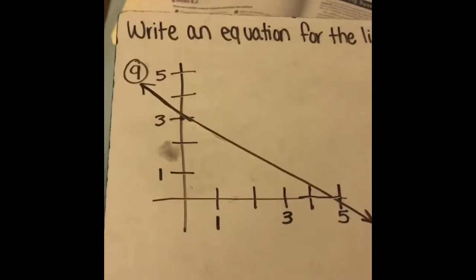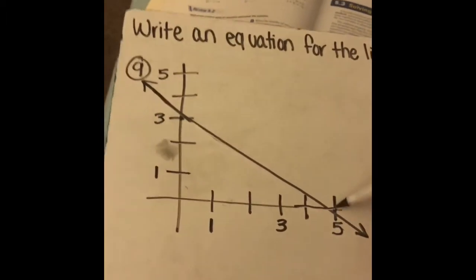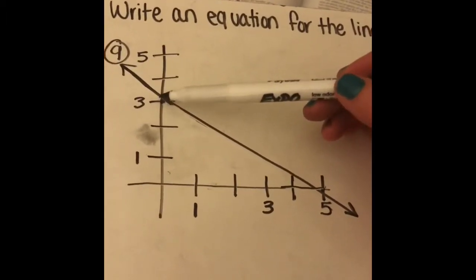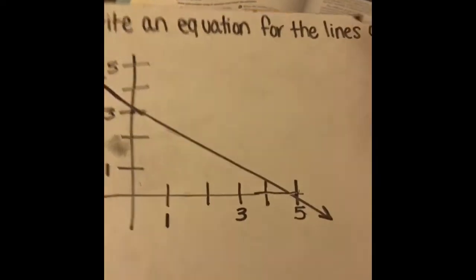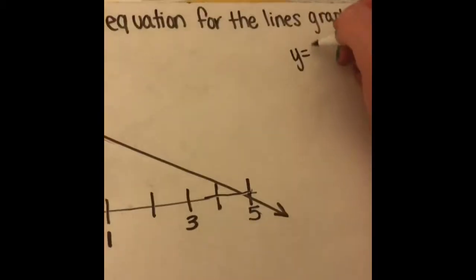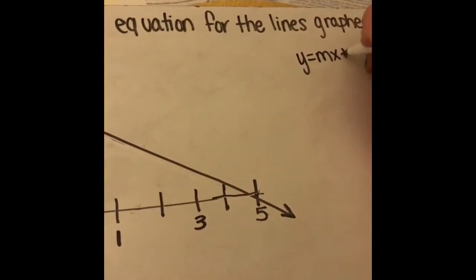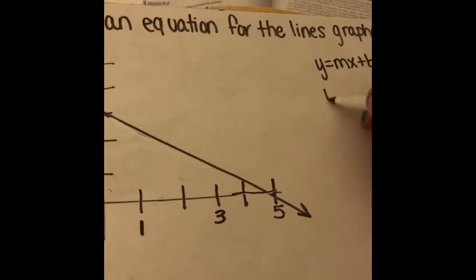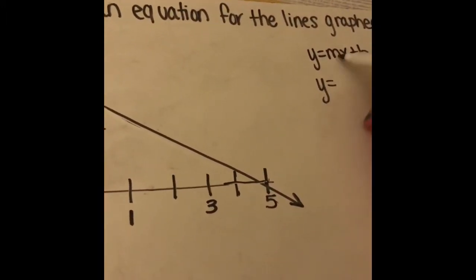Okay, for these last two, you're writing an equation for the lines graphed. So here we can see where it intercepts on x and where it intercepts on y. So we're going to do it using y equals mx plus b. Okay, so we'll start with y equals, and now slope.